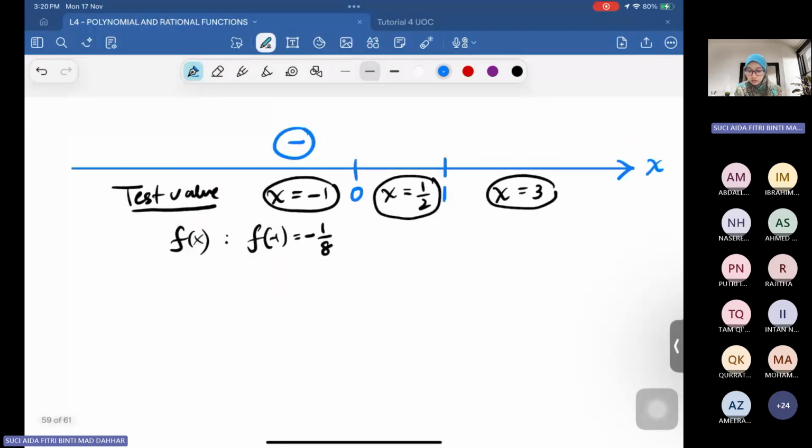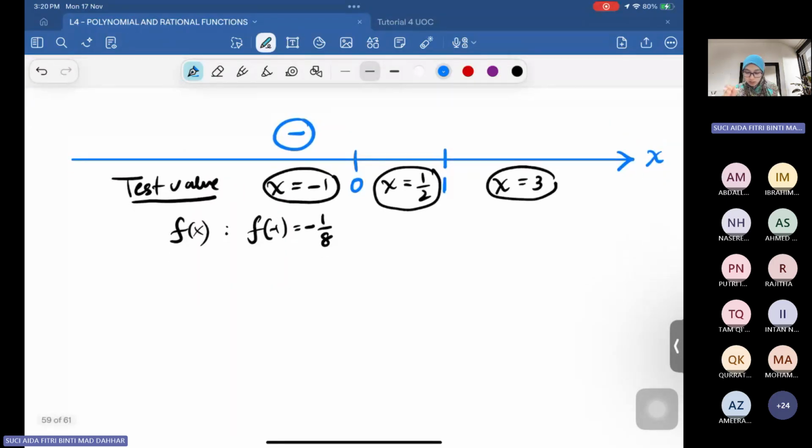Now between 0 to 1, we change x to 0.5 now. This one I got f of half equals -8 here. So it is negative again.